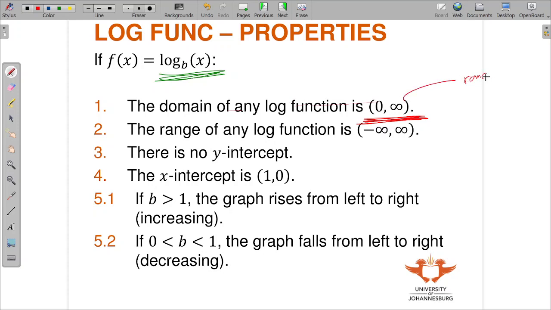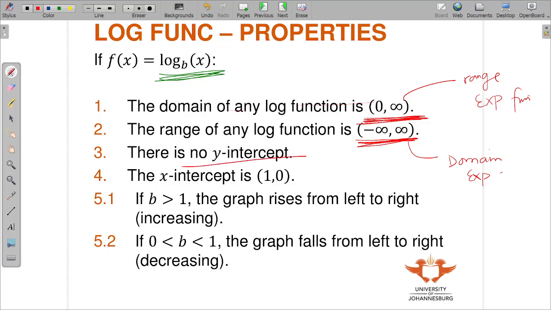The range of the logarithm function is negative infinity to positive infinity, which is the domain of the exponential function, their inverse function. So the domain of the exponential function is the range of the logarithm function, and the range of the logarithm function is the domain of the exponential function. Take note of that.